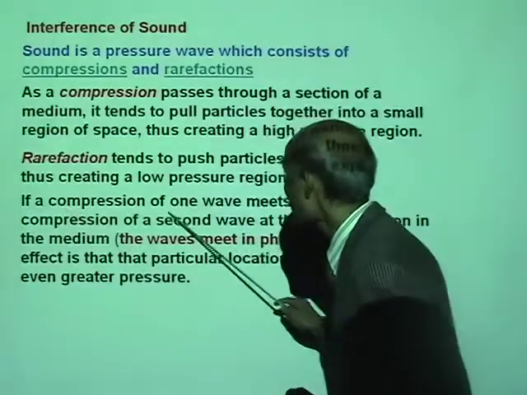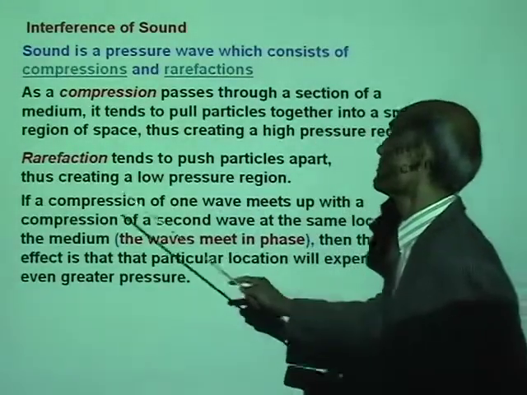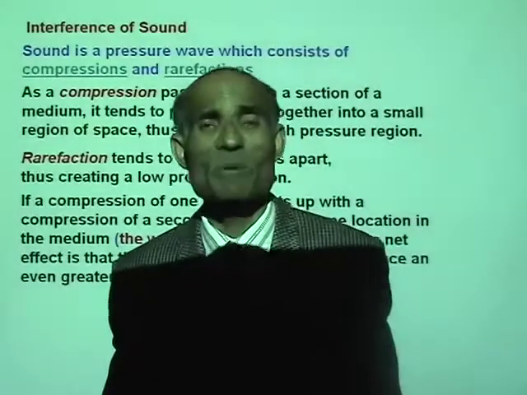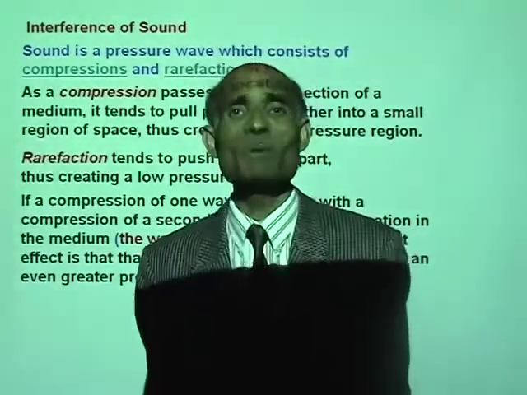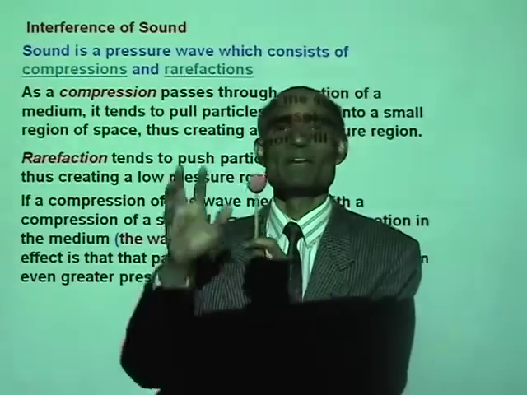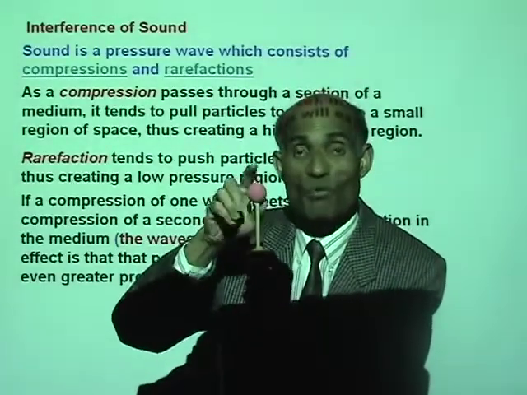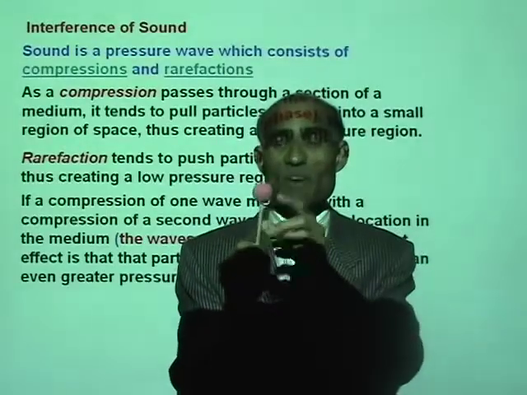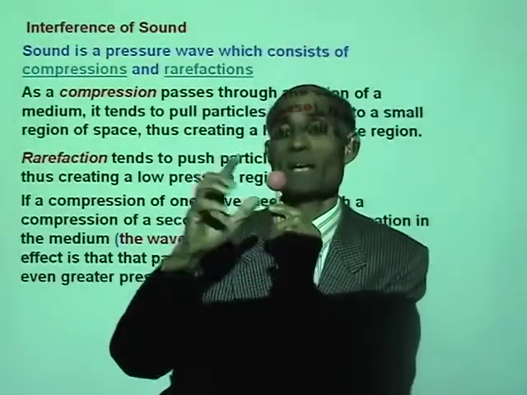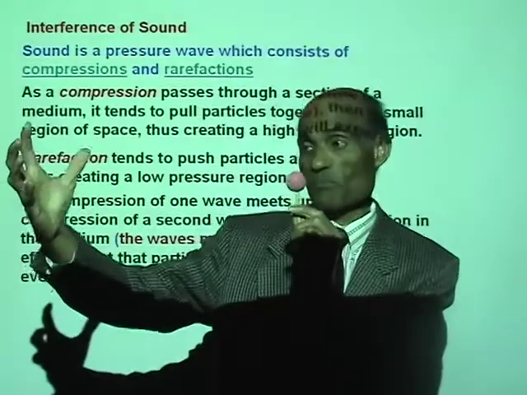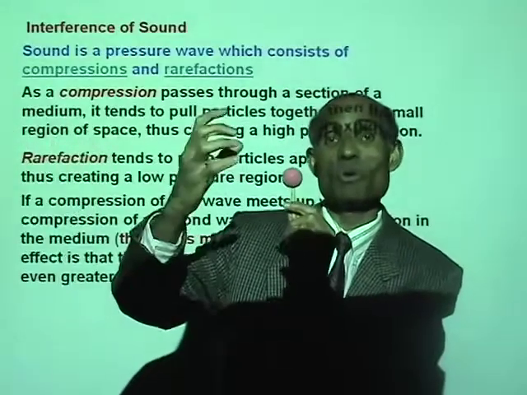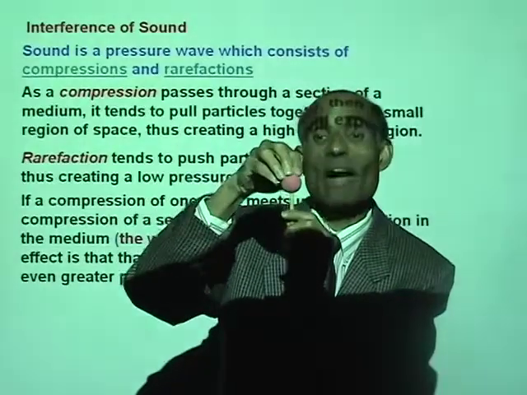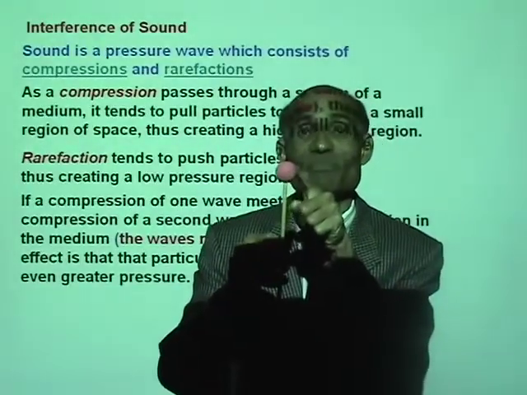Now, if a compression of one wave meets up with the compression of a second wave, tell me what will be the result of that? Suppose I am speaking from here, that is wave 1. Somebody else is speaking from another place, wave 2. Now, wave 1 and wave 2 arrive at this particle.